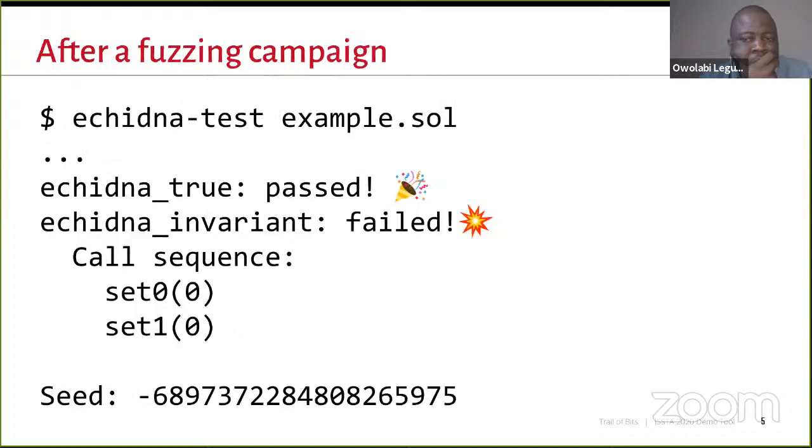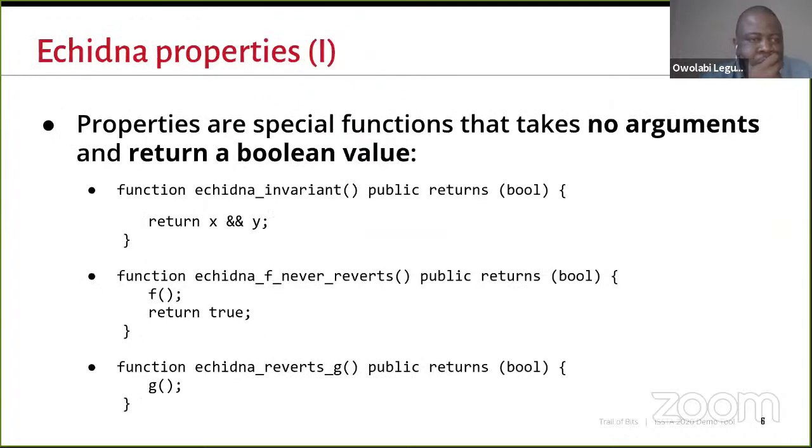If we run this, Echidna will find after a couple of minutes, after 50,000 simulated transactions, the failure, and it will minimize the input. As I said, in general, properties should be encoded.